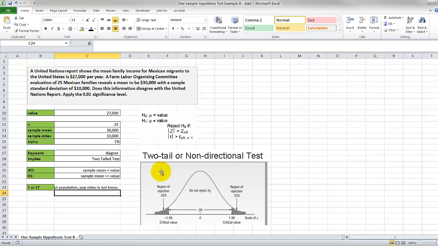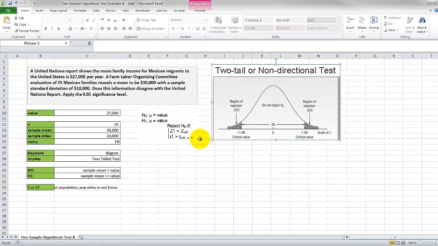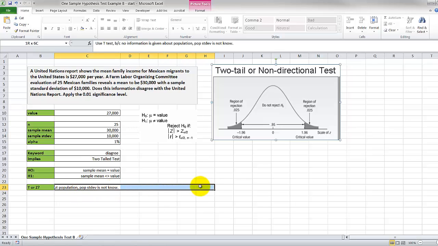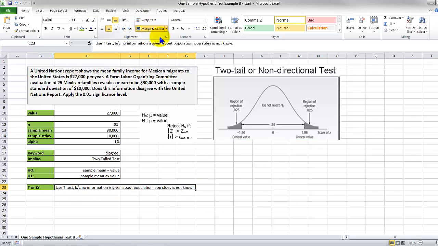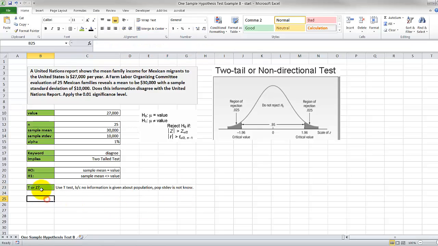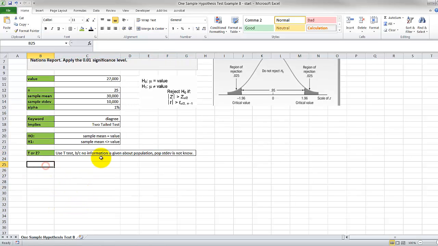Okay, so I'm going to move around these figures just a little bit so I have enough room to display this text. And this is what is making us determine which T or Z to use, and we're going to use the T. So that means I'm going to calculate a test statistic and then actually two critical values.